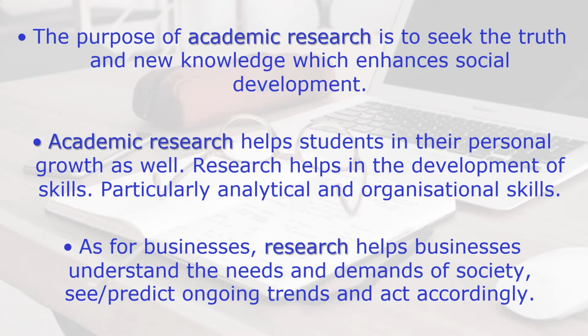You've heard a lot about it, people have spoken about it, you might have even read some things about it, but we want to actually seek the truth, or we want to get new knowledge. All right, so we're trying to find out something new, something that hasn't been found out before. And normally we try to do this to enhance social development.